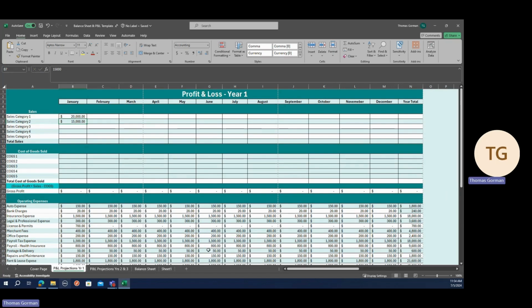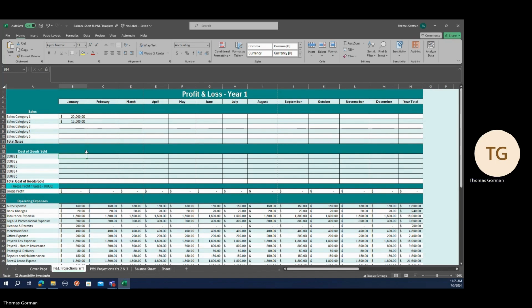Now, the next thing we need to do is figure out what our cost of goods sold is. So we're just going to pick a nice easy number. So we'll say that we mark our products up 100%.